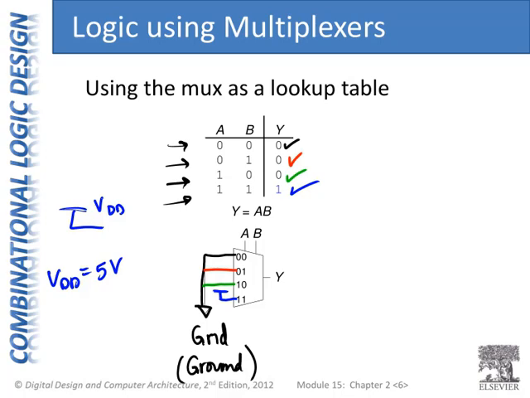So VDD is our 1. Okay, so we essentially use the mux as a lookup table. We put A and B on the select lines. When A and B are 0, 0, for example, we're going to feed whatever is tied to the 0, 0 input to Y. We wanted it to be 0, so we tied that input to 0.